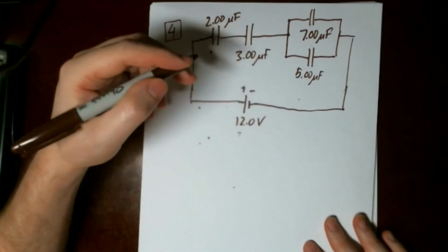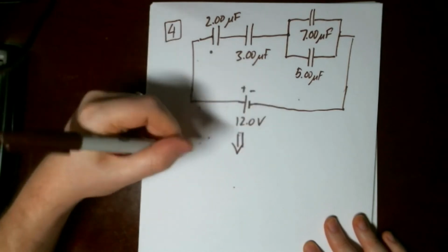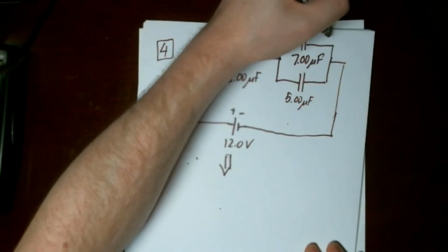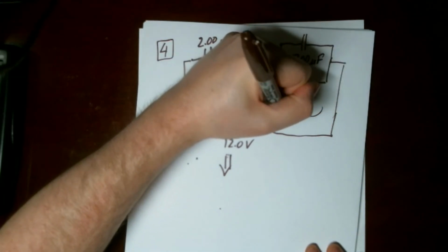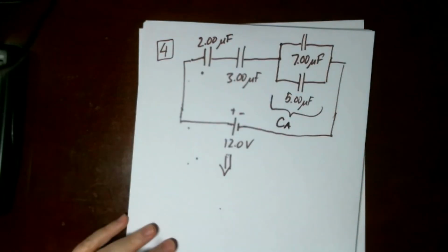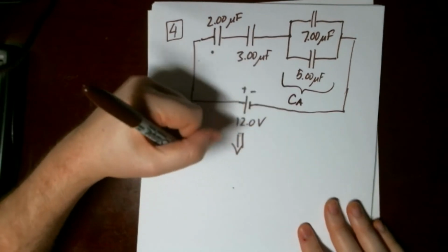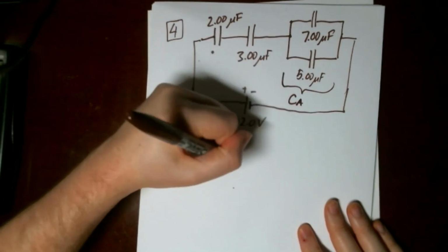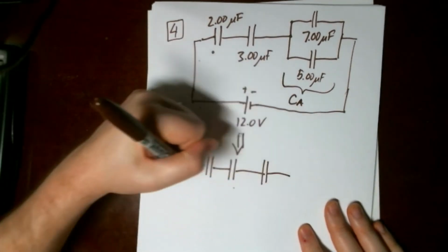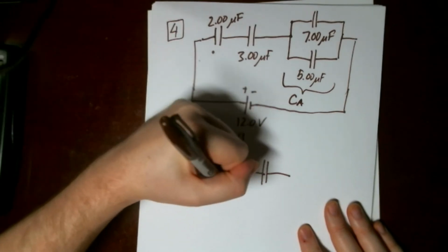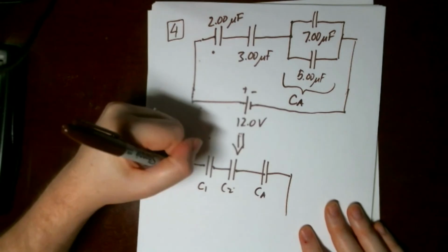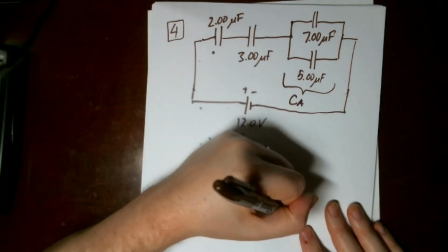So doing that, let's redraw. This thing here will have a capacitance of Ca, we'll say. So then we'll have 3 capacitors in series, and we can move on from there.